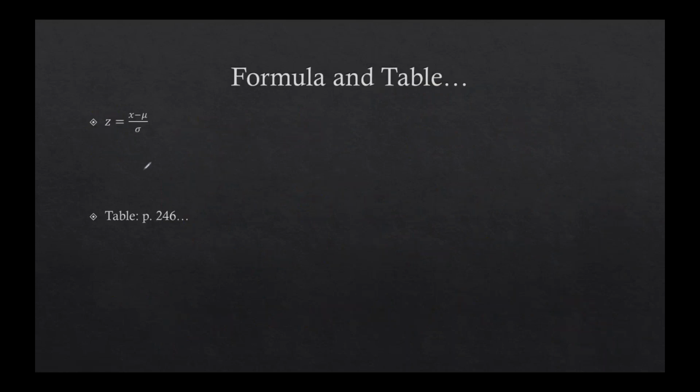So the formula. You see the symbols, and if you look at that yellow sheet on page 246, right underneath that big table at the top, you see the formula: z equals x minus mu over sigma. That formula is only useful if you know what those pieces mean. x represents your data value, whatever value is in question.